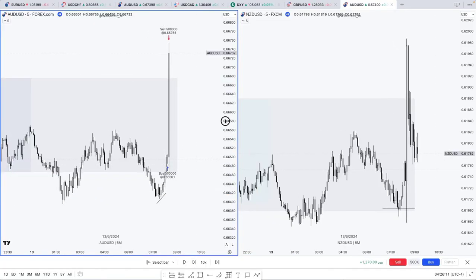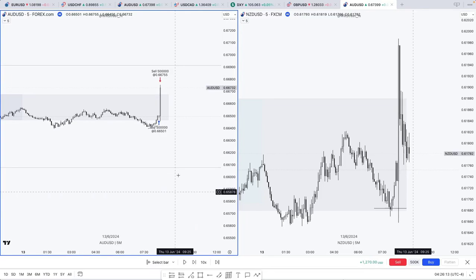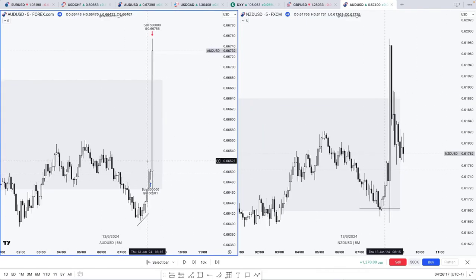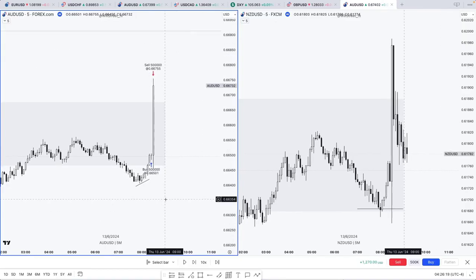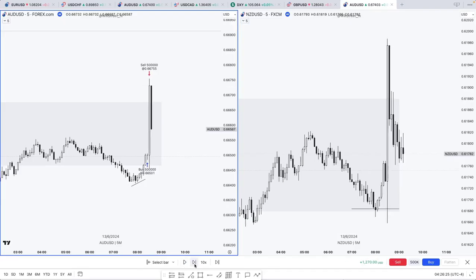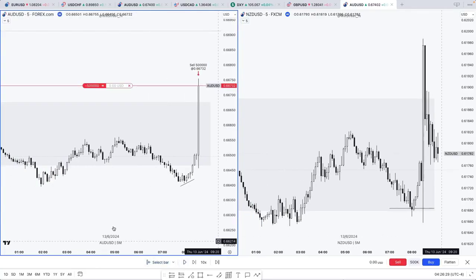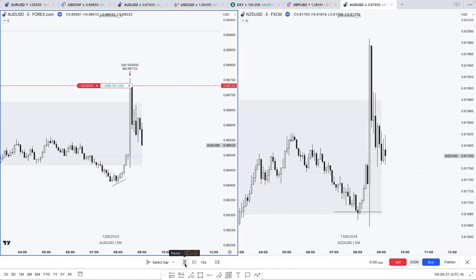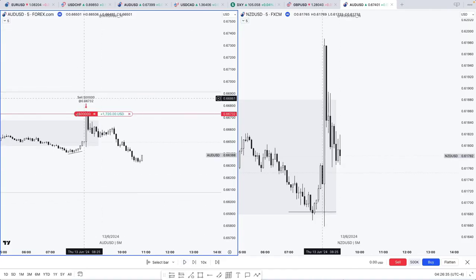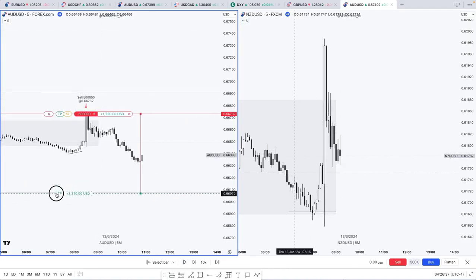Easy. And remember, this is our draw on liquidity in both pairs. I will talk about the entry models, but we have here our first entry, and this is our take profit.